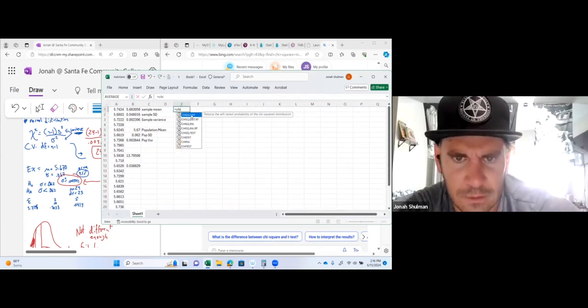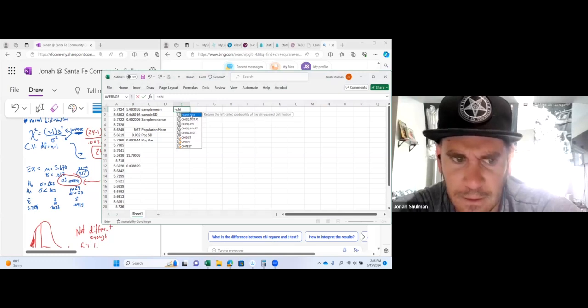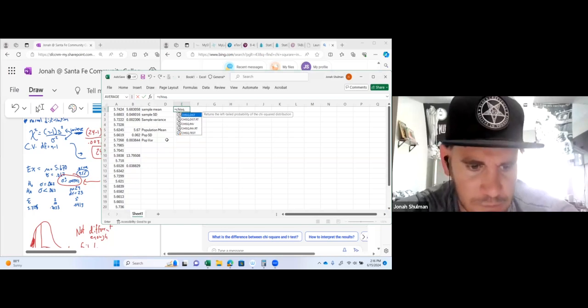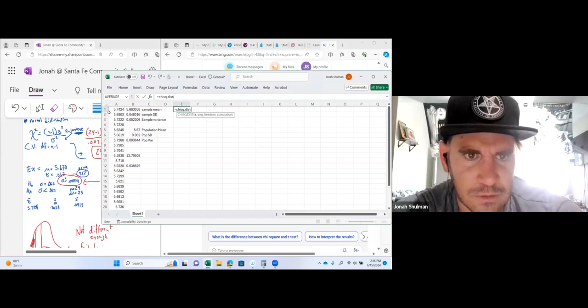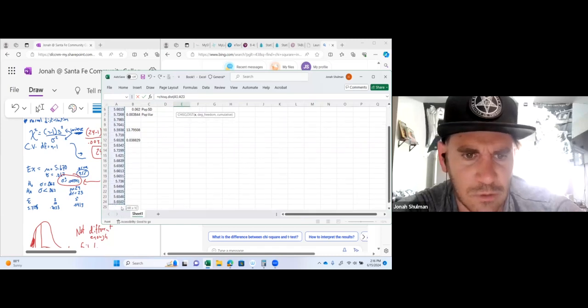All right. Returns the left tail. That's what we wanted. We didn't want right tail, I believe. We want the left tail. Okay, so chi-square dot distribution, parentheses. So we need our x. I believe this is our sample.